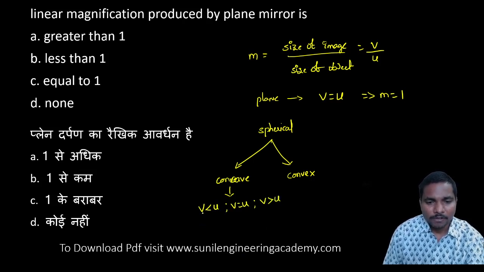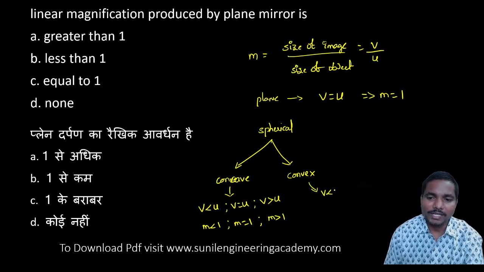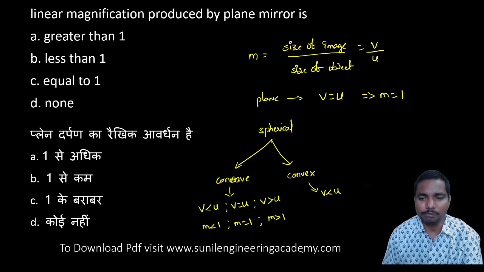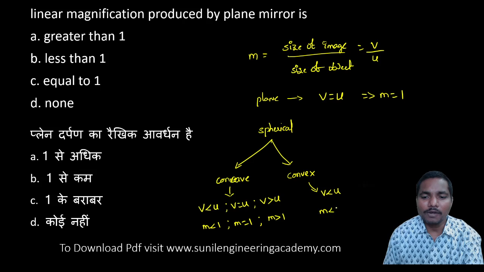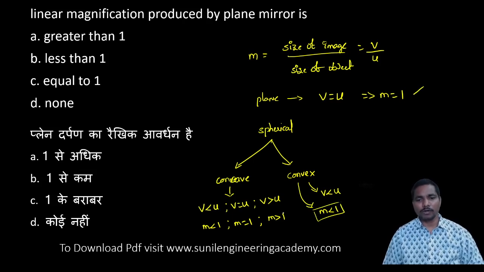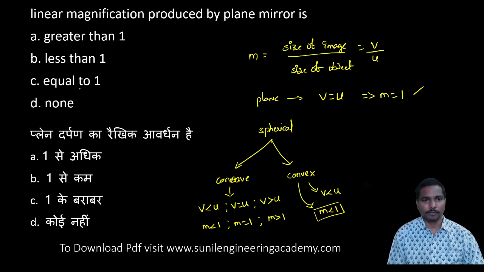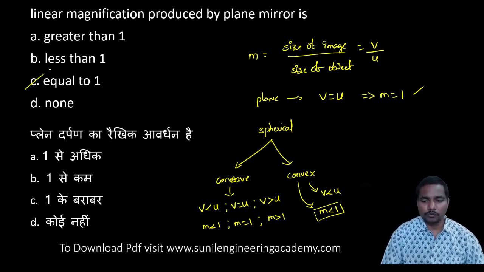That means M less than 1, M equal to 1, M greater than 1. In case of convex, images are always less than the size of object. So M is always less than 1 only. Very important for convex. For plane always M is equal to 1, concave all are possible, convex M less than 1 only. So here equal to 1.